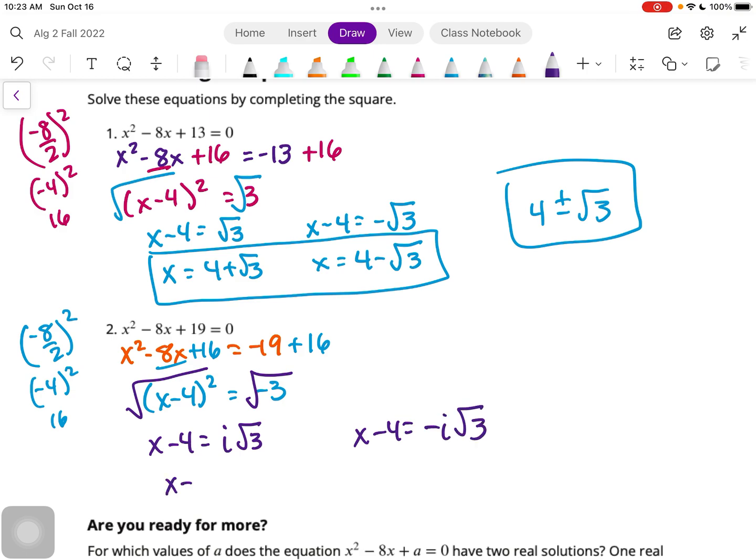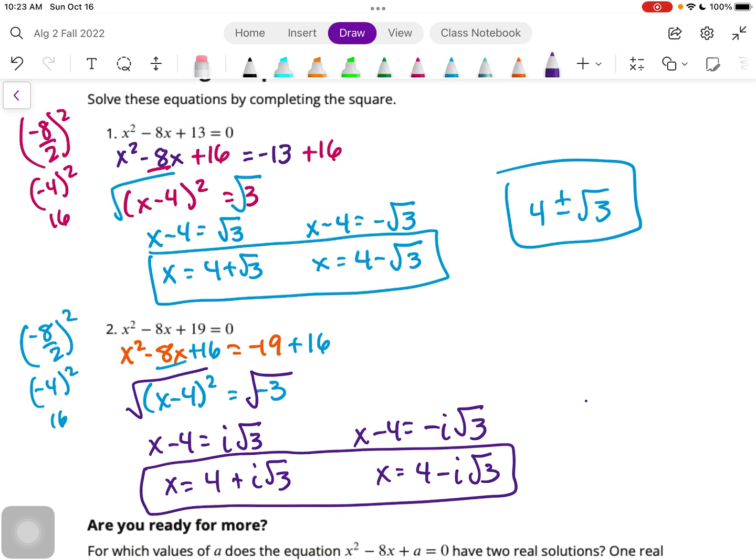So we have x equals 4 plus i square root of 3, and x equals 4 minus i square root of 3. Again, if you want to write it as 4 plus or minus i square root of 3, that is totally fine also. All right, so that's how you can use completing the square for that one.